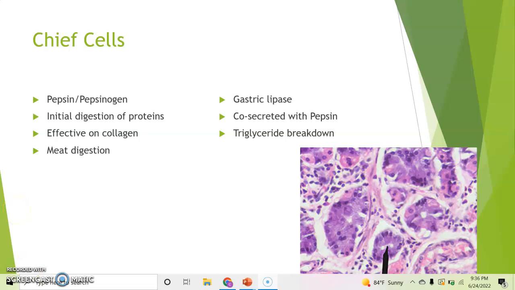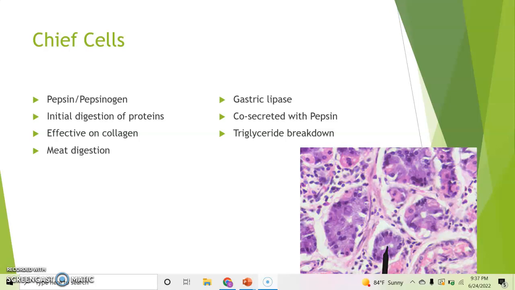And then the acid or the hydrogen ions also cleave the pepsinogen, and active pepsin is then left.